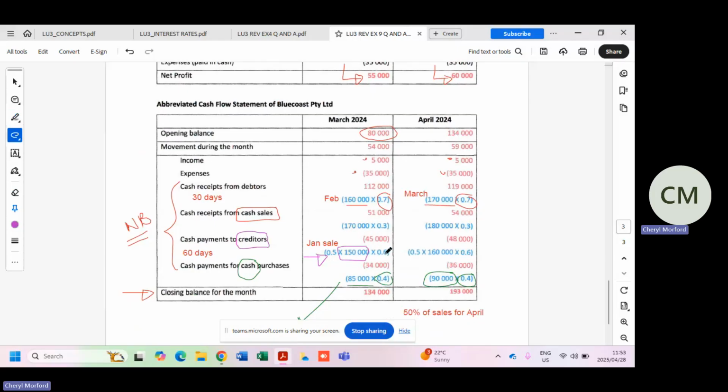Then exactly the same is going to happen over here. In April, I will be making a payment for a purchase that was made 60 days before that. So that would be February. So I must go straight away and get my February sale.